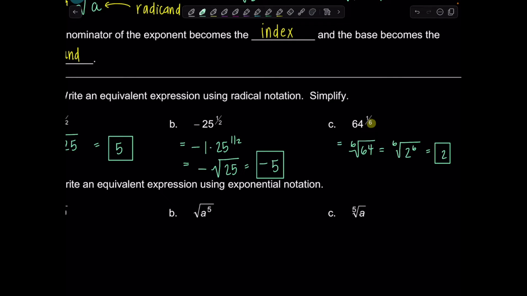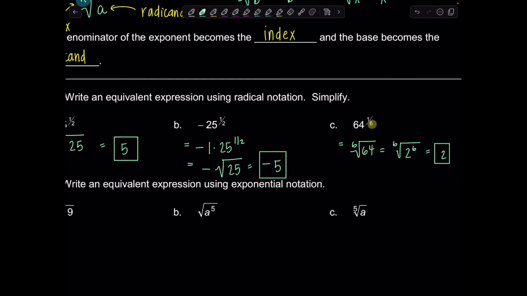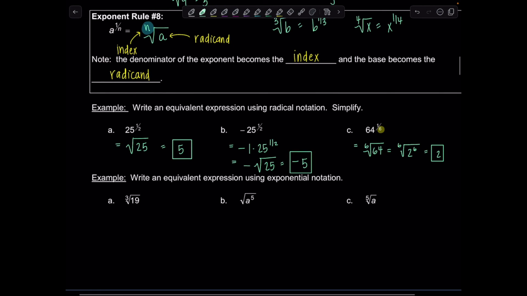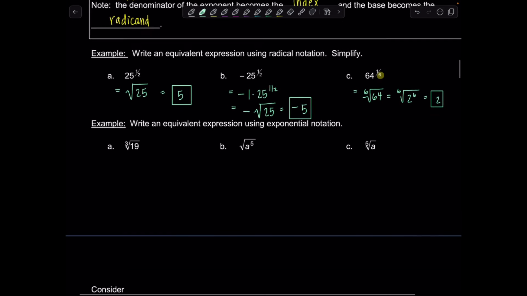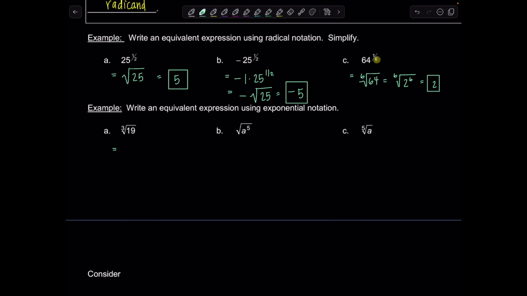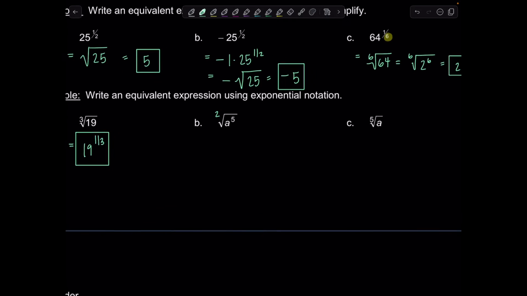Excellent. Now let's try going the other way. This is what you're going to do in calc all the time. Write an equivalent expression using exponential notation. Cube root of 19. We're going to rewrite that as 19 to the 1/3 power. And that's it. Just leave it. That doesn't simplify or anything. Square root of a to the 5th. If you need to remind yourself that there's a little 2 there, that might be a good idea.